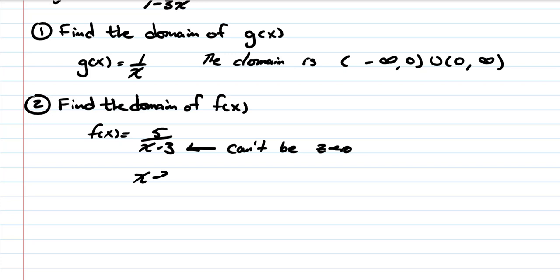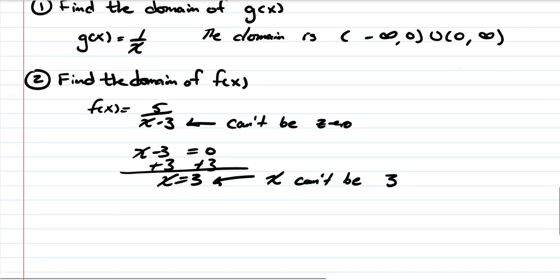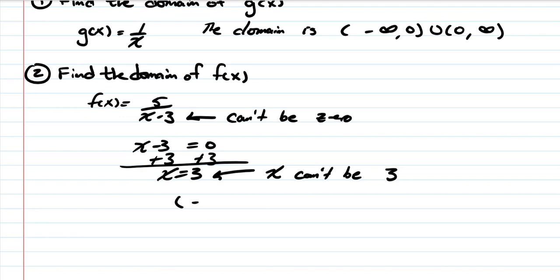So x minus 3 is equal to 0. When we solve, plus 3, we get x equals 3. So x can't be 3. So our domain here is from negative infinity to 3, unioned with 3 to positive infinity.